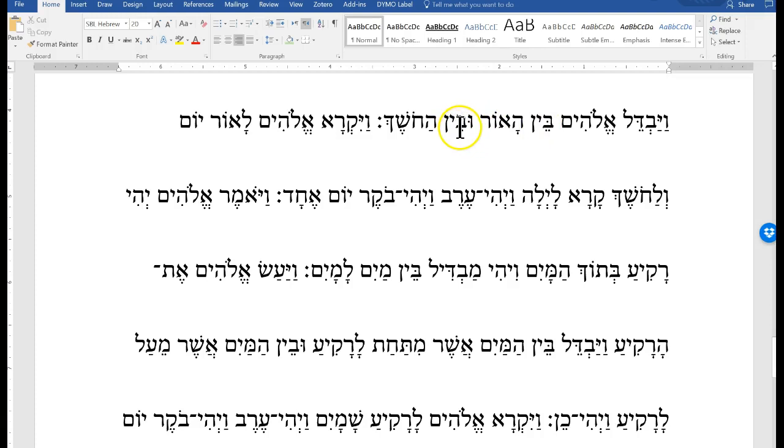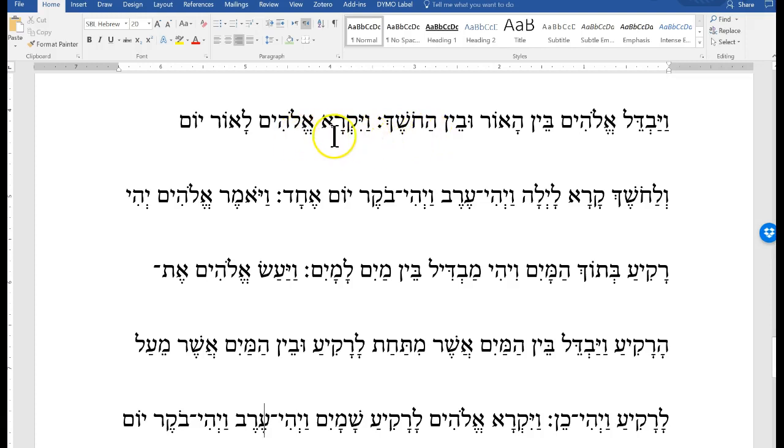So this one is the V sound, this one is the B sound. Bain ha-or uvein ha-hoshek, between the light and between the darkness. There's this is a guttural, no doubling dagesh, so it's virtually doubled.